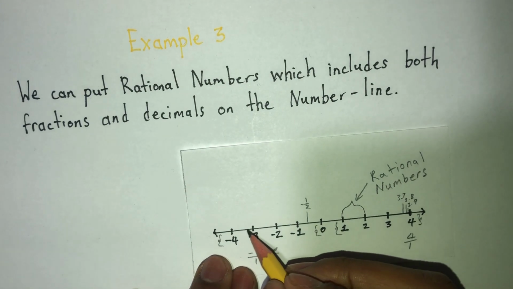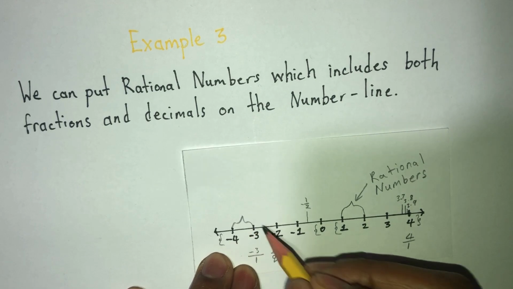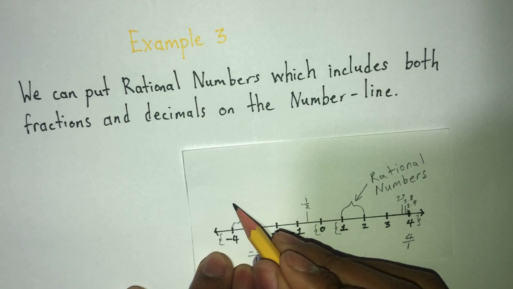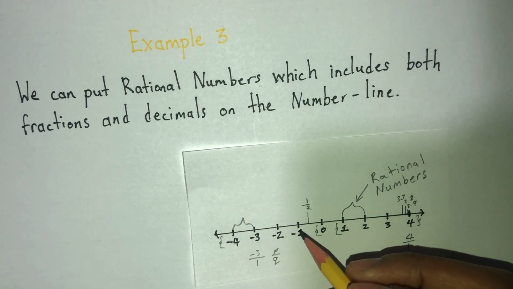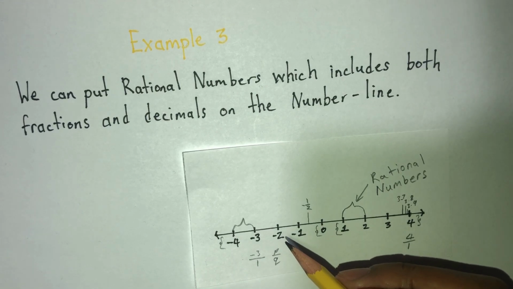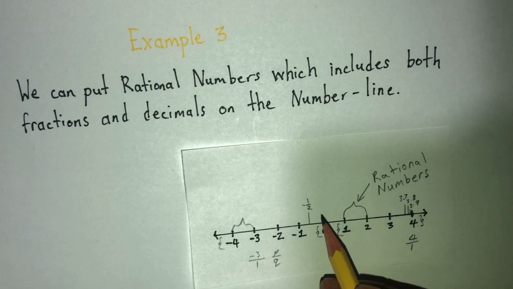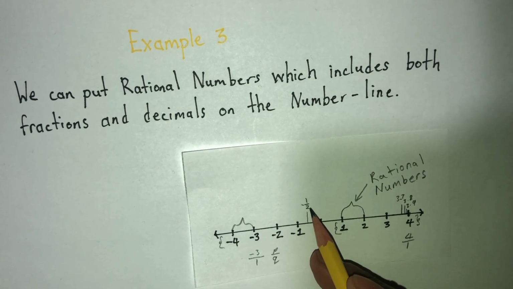So between any two numbers on the number line, we have rational numbers. And these rational numbers are also real numbers. And don't be confused now, because if we have negative half, that is not an integer.